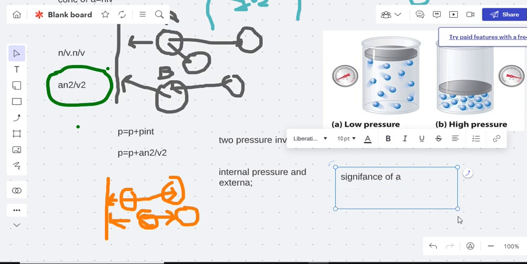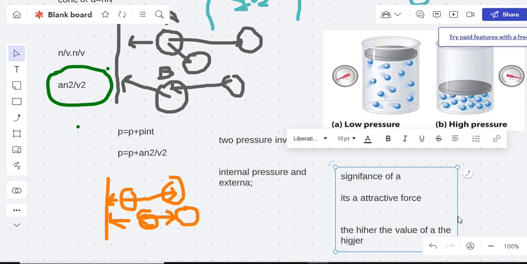For example, it's an attractive force, which means that the higher the value of a, the higher the force, and the more quickly it gets liquefied.